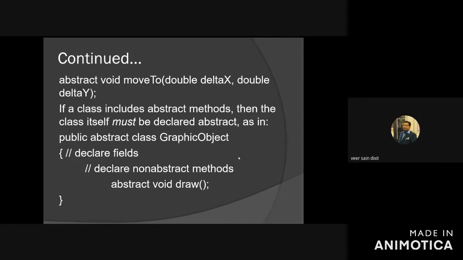In this way, you will declare that class, in which you will declare the fields and the non-abstract methods. The non-abstract methods are basically the concrete methods, methods with definition. And then there is one abstract method, draw, which does not have any body. In this way, you can declare the abstract methods.